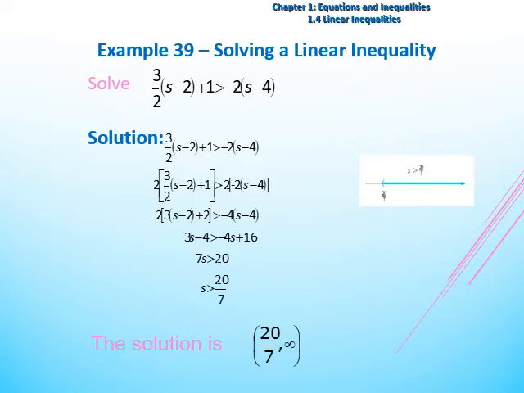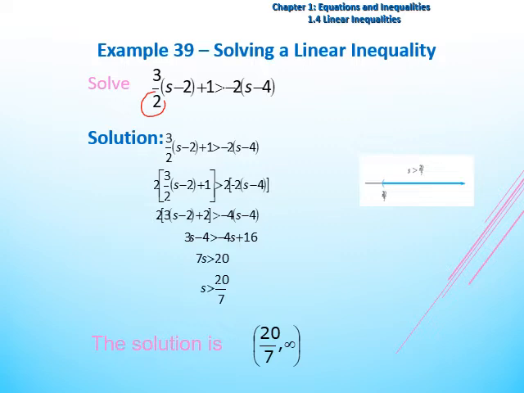If you have 3 over 2 times (s minus 2) plus 1 greater than negative 2 times (s minus 4). We multiply both sides by 2 to get rid of the 2 in the denominator. So we get 3 times (s minus 2) plus 2 greater than 2 times negative 2 times (s minus 4).